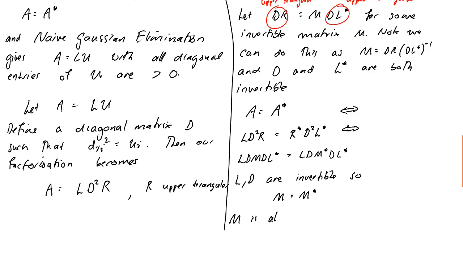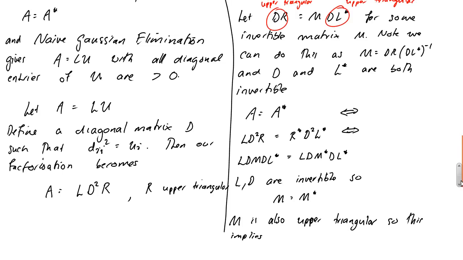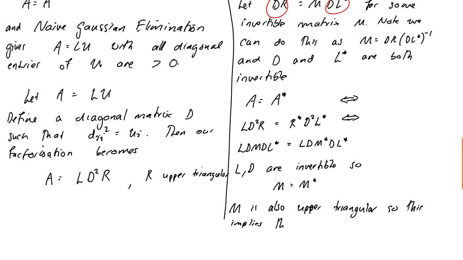M is also upper triangular. So this implies that M is in fact diagonal.